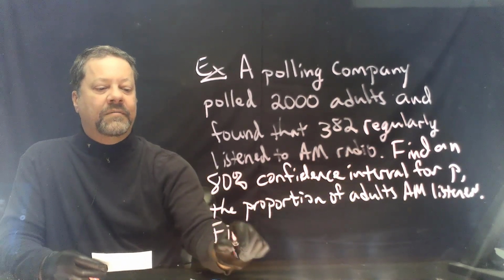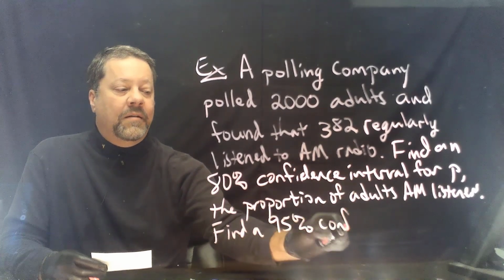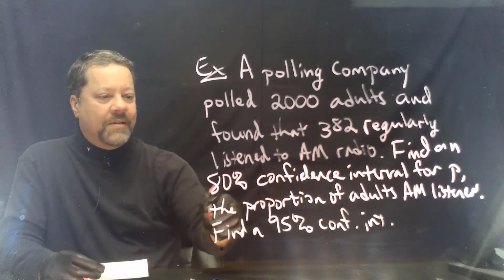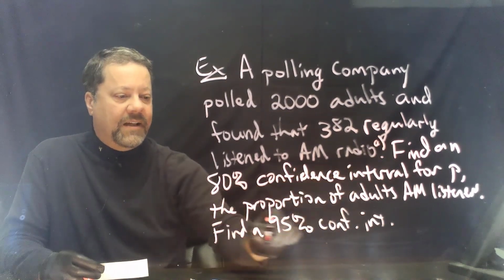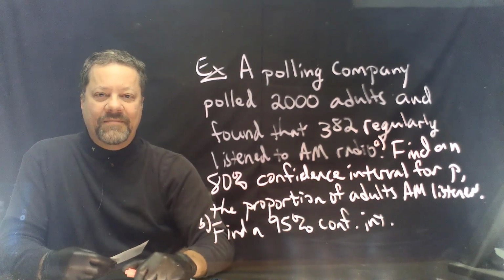Also, find a 95% confidence interval. So there are two parts, part A and part B, 80% and 95%.